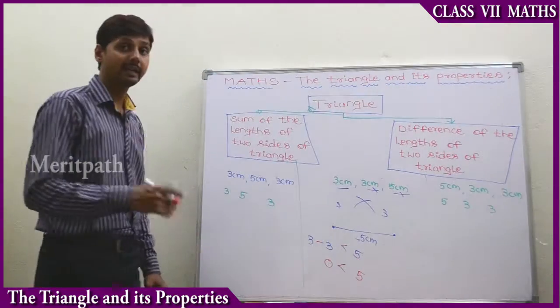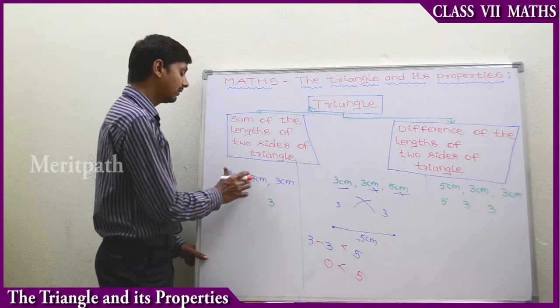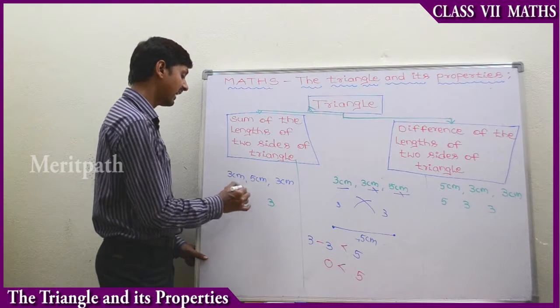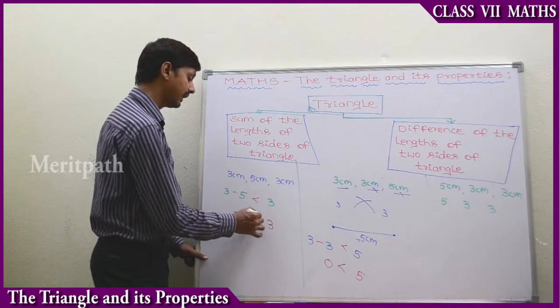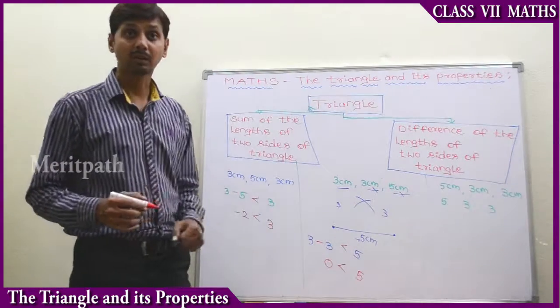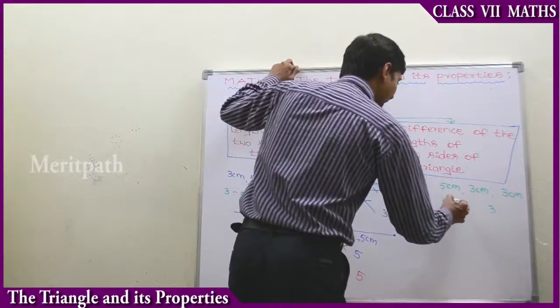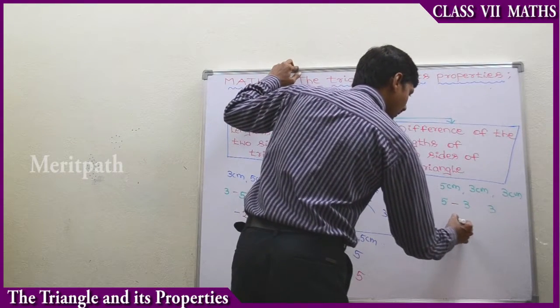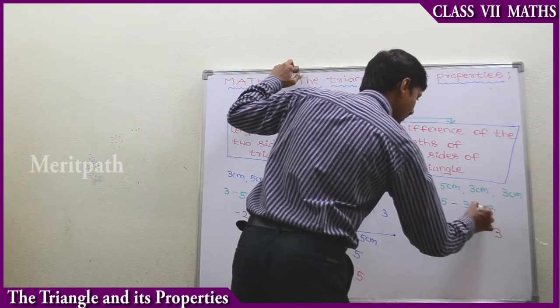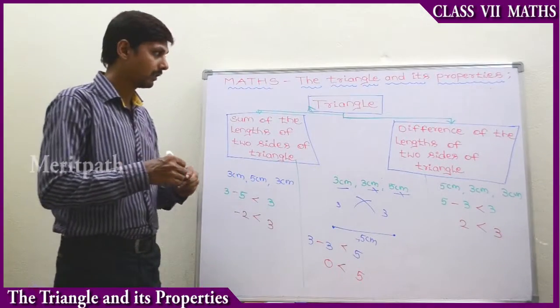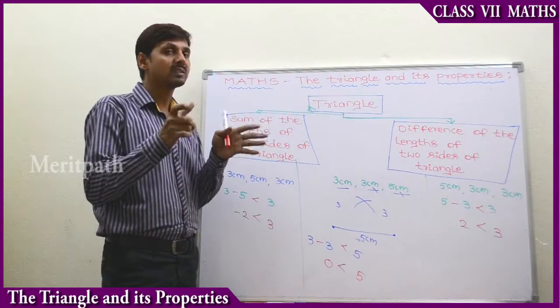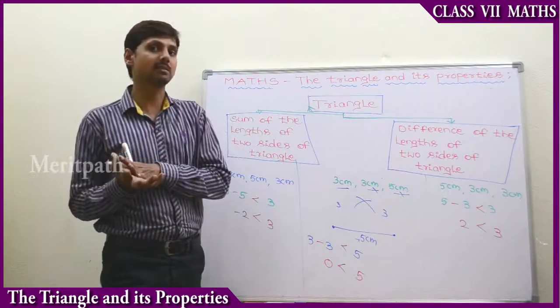We take the first two sides and subtract them. Then let's take another combination: 5 minus 3 is 2, and 2 is less than 3. In all the cases, the difference of two sides of the triangle is less than the third side.